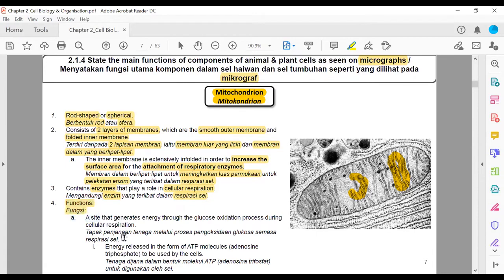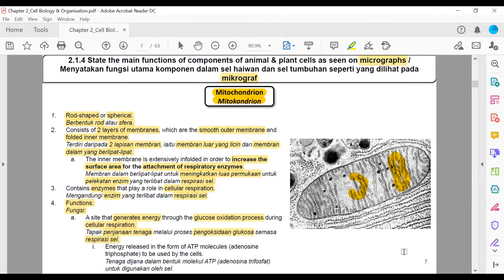Apa function mitokondria ini? A site that generates energy through the glucose oxidation process during cellular respiration. Tapak penjanaan tenaga melalui proses pengoksidaan glukos semasa respirasi sel.